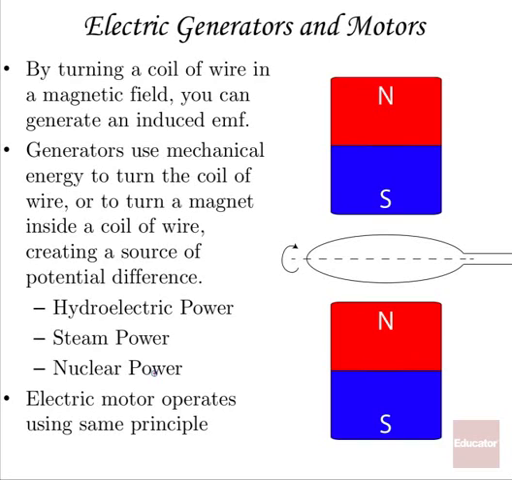That steam is then forced through fans, which are then used in order to turn coils of wire or magnets, creating changing magnetic flux and therefore potential difference. Very, very common. And electric motors operate using the same basic principle, and we talked about them a lesson or two ago, how those work using the principles of electromagnetism.